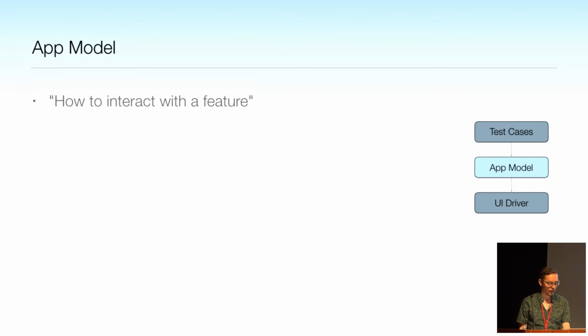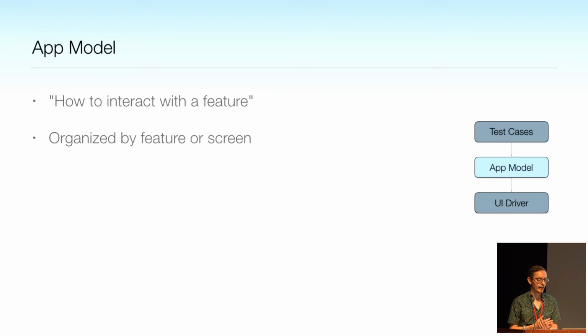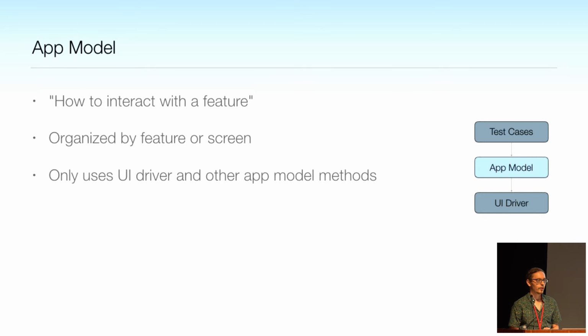And there are a few rules here. So once again, you should organize it by feature, or I like organizing by screen. Kind of like every view controller would often have an app model area connected to it. And it only uses other app model methods or the UI driver.